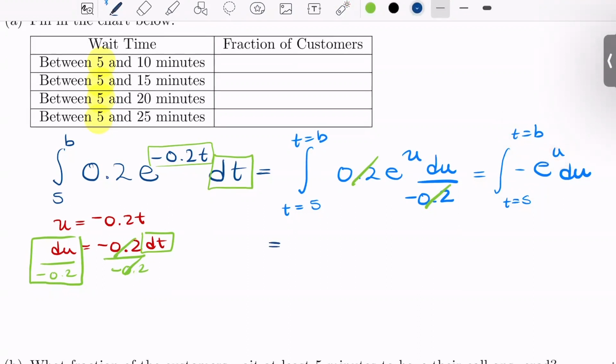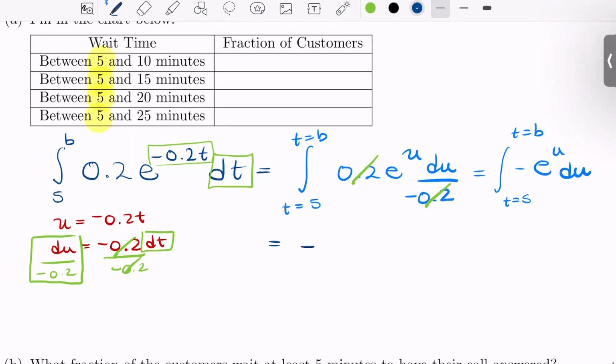All right, so let's do that. We can compute the antiderivative of negative e to the u, which is going to be negative e to the u, evaluating at t equals 5 to t equals b. Now let's substitute back in what we substituted for u.